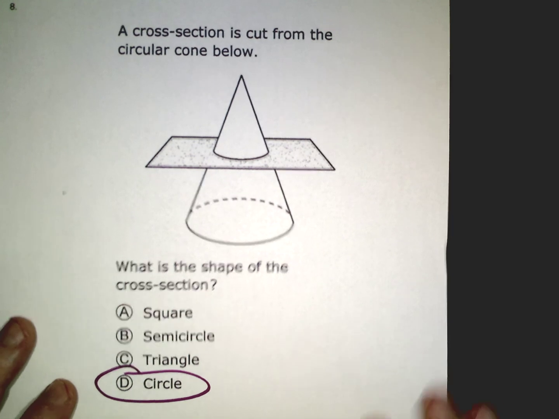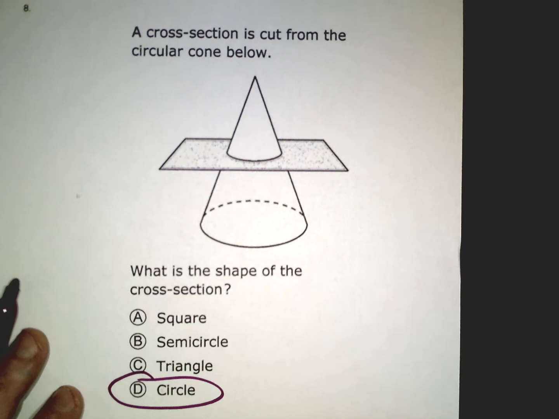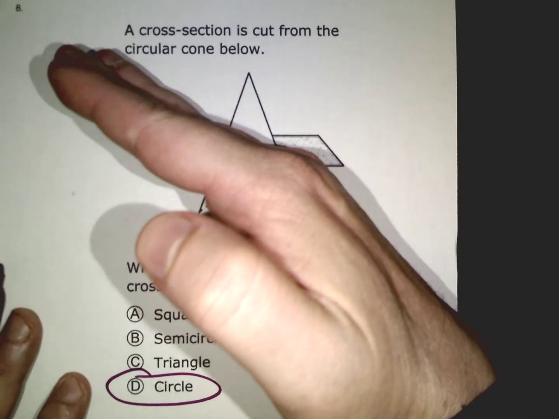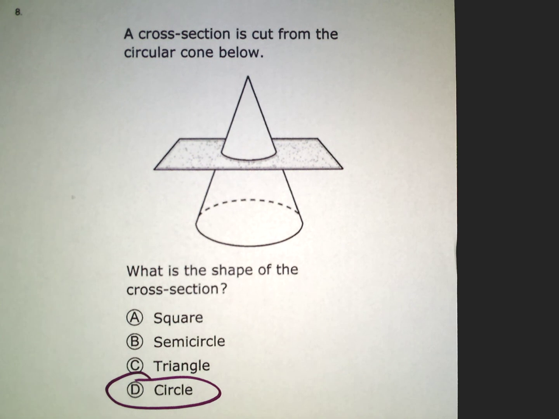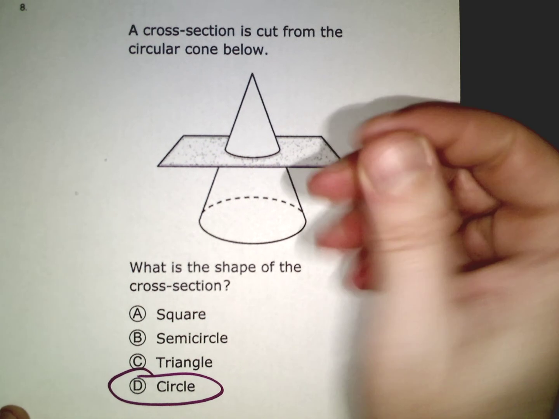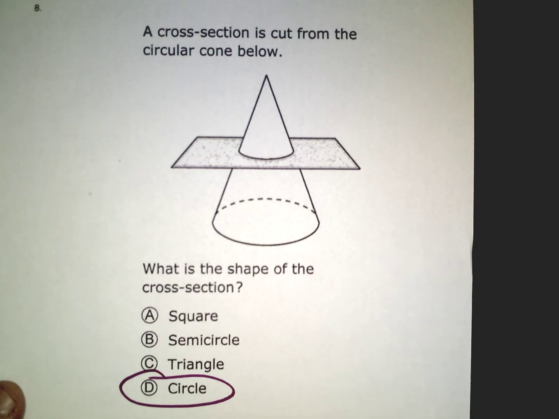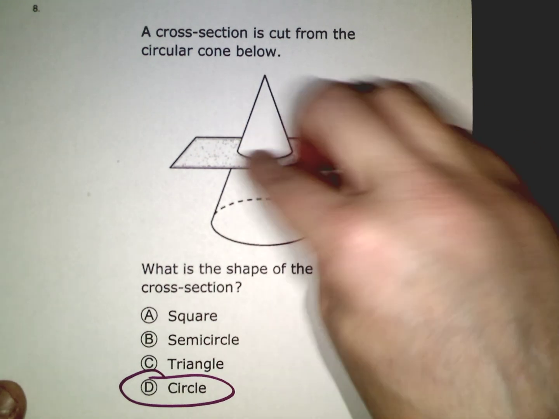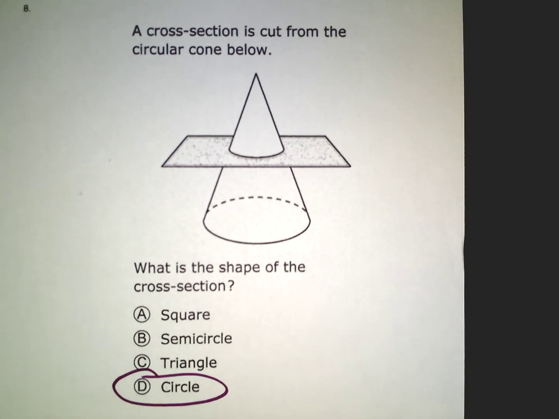A square, I can't even imagine how you would get a square out of it. You can get an oval out of it if you cut it like this, on an angle. Interesting thought. But for our case, I want you to imagine in your mind that this is a stick of butter or a piece of Play-Doh, and it's formed into this shape, and you're taking a knife, and you are cutting it that way. And then you look at what the cut would look like on the inside. It would look like a circle.